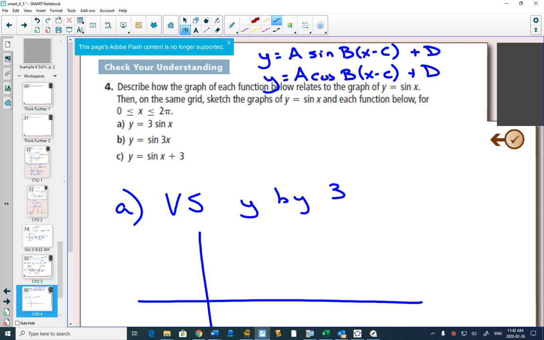Shortcuts: we've noticed that the A value affects our amplitude, because that's vertical stretches and compressions. We're going to notice that our B value affects our period, because that's a horizontal stretch or compression. Your C value shifts things left and right. That affects where your starting point is.